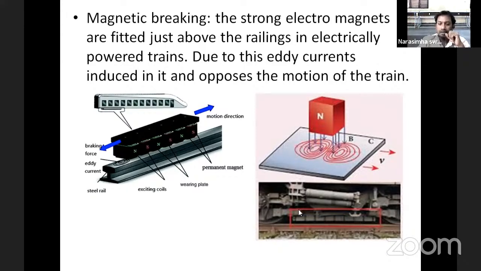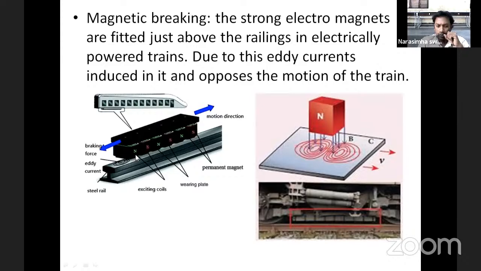You can see this construction now. This is the part of the train where the magnetic system is connected. Look at the motion direction here. You can see strong north and south magnetic fields are kept there, above the rails.